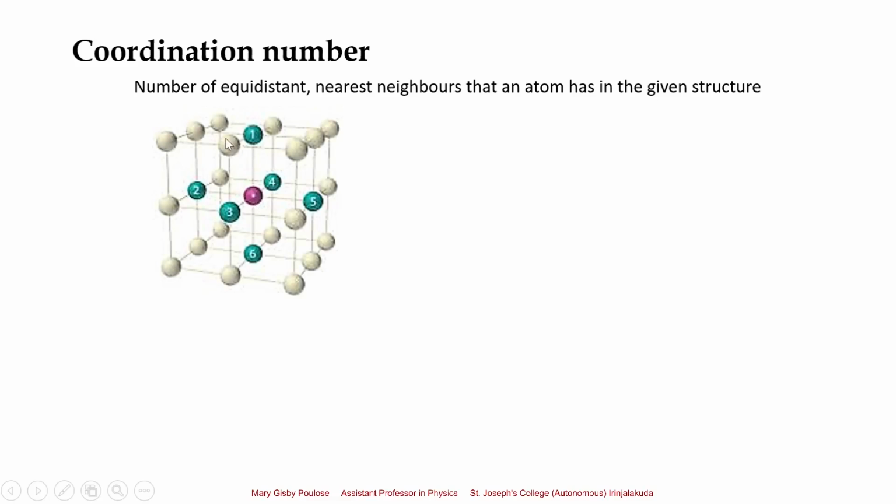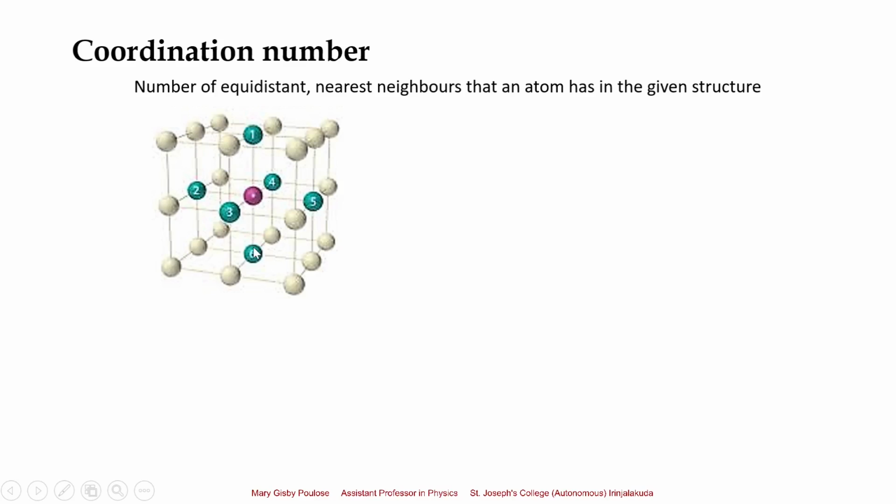Here we have 4 different simple cubic unit cells stacked together. If we take this atom here and count the number of equidistant nearest neighbors, we get its coordination number. That is shown here: 1, 2, 3, 4, 5, and 6.